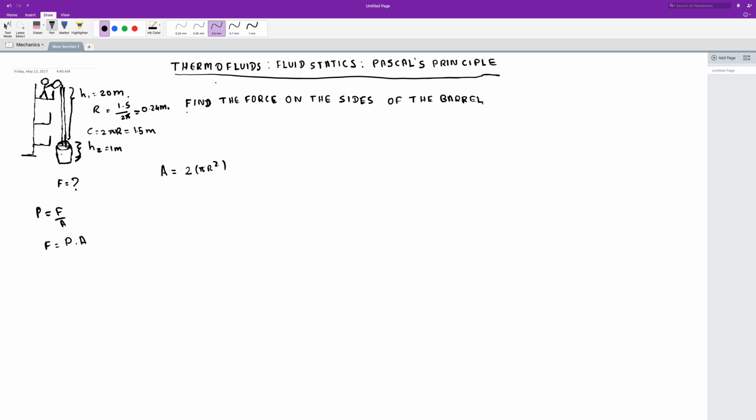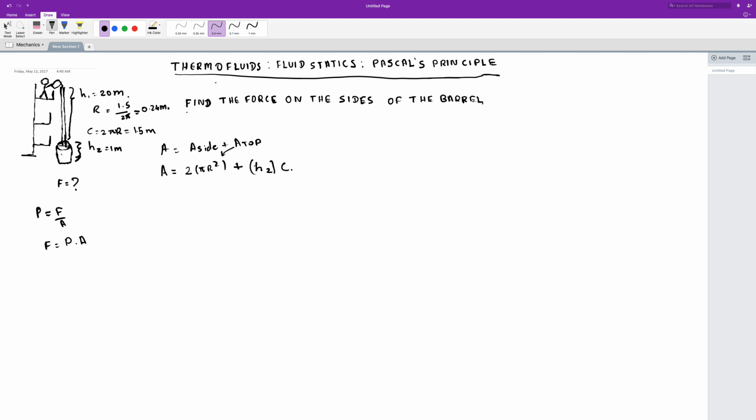So let's say A is going to be equal to A side plus A top. So this is A top, and A side is going to be h2 times C. C is what is provided right here, so that's the length of the circle.